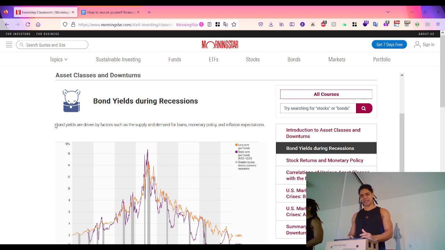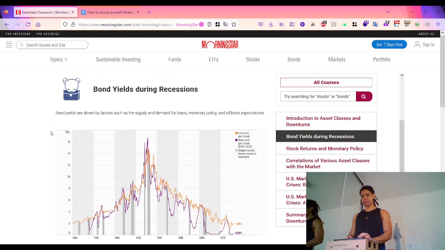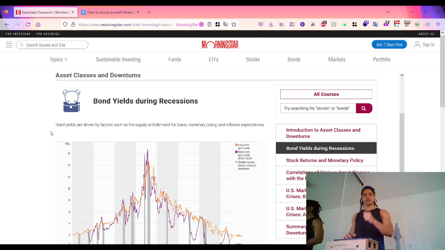This is the core, especially if you're going to look for bonds. What are their measures? What are their driving factors? So bond yields are driven by factors such as supply and demand for loans, monetary policies.